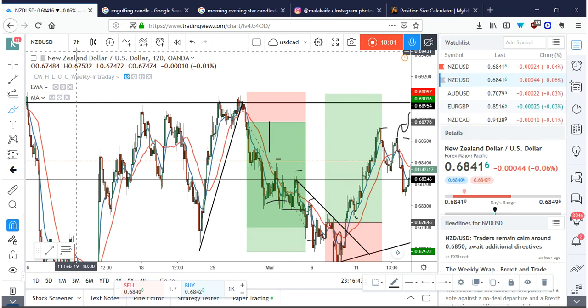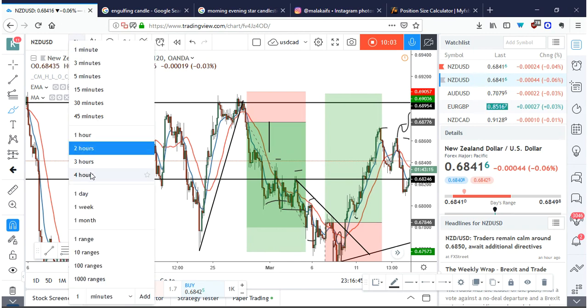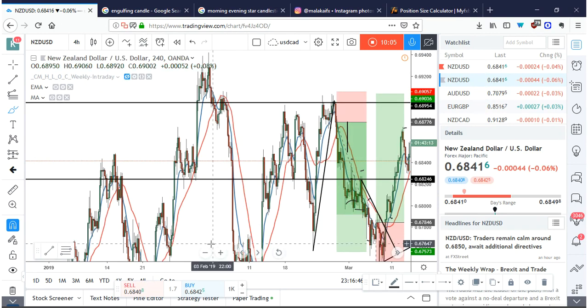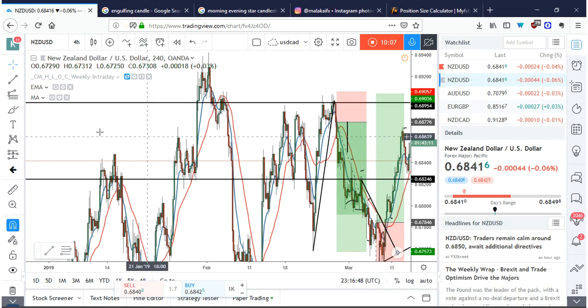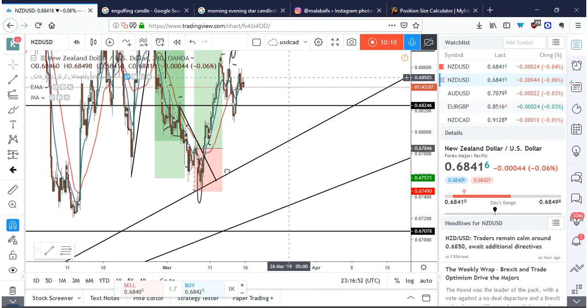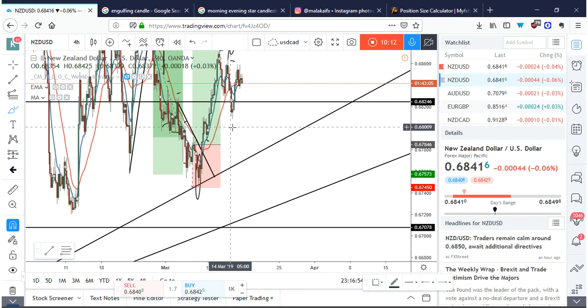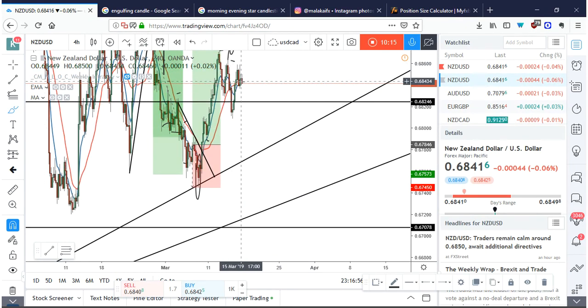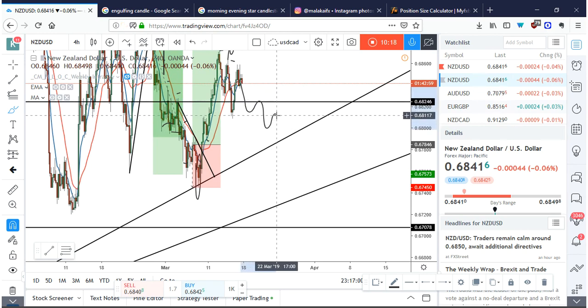So let's go on to a higher time frame, and we go through what to do if price was to come down. So that's price traveling down, breaking this trend line, and how to take that trade.